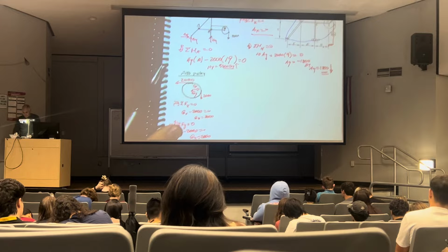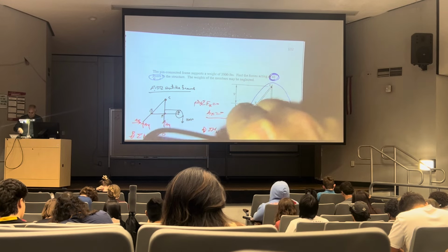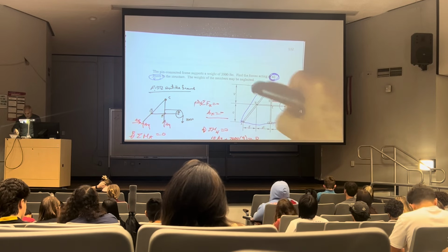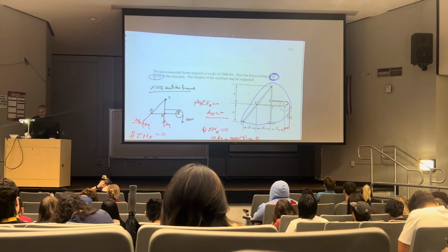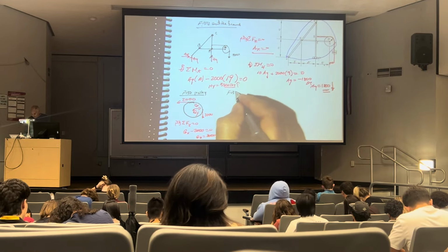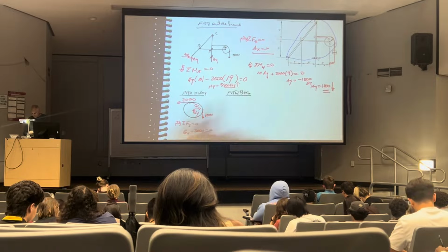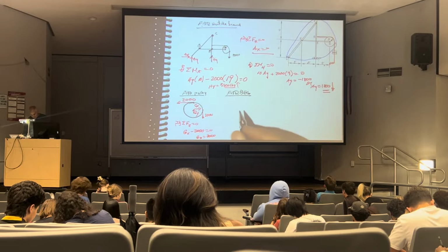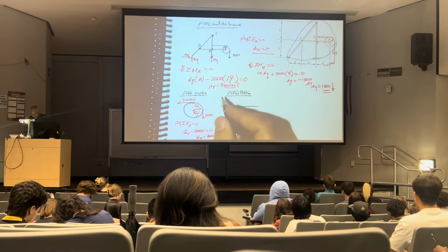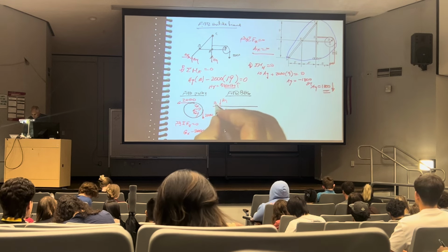Next, I'm literally going to pull out the pin B, pull out the pin E, pull out the pin G, separate that piece out. So now I'm going to draw a free body diagram, BEG. That free body diagram is going to look like this. I have a BY, a BX.